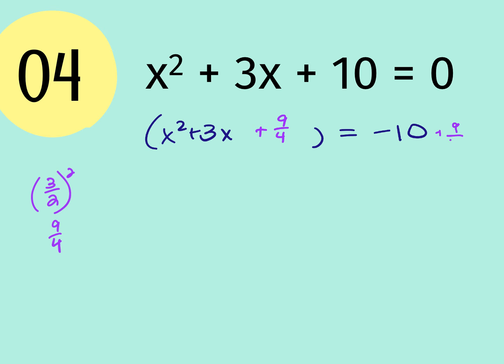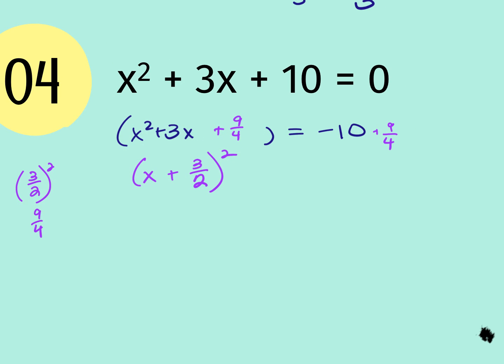Add 9/4. Square root the x squared. Square root the 9/4. Take the sign from the middle. Put it in parentheses and square it. And this would be 40 over 4. Negative 40 plus 9 is negative 31 over 4.